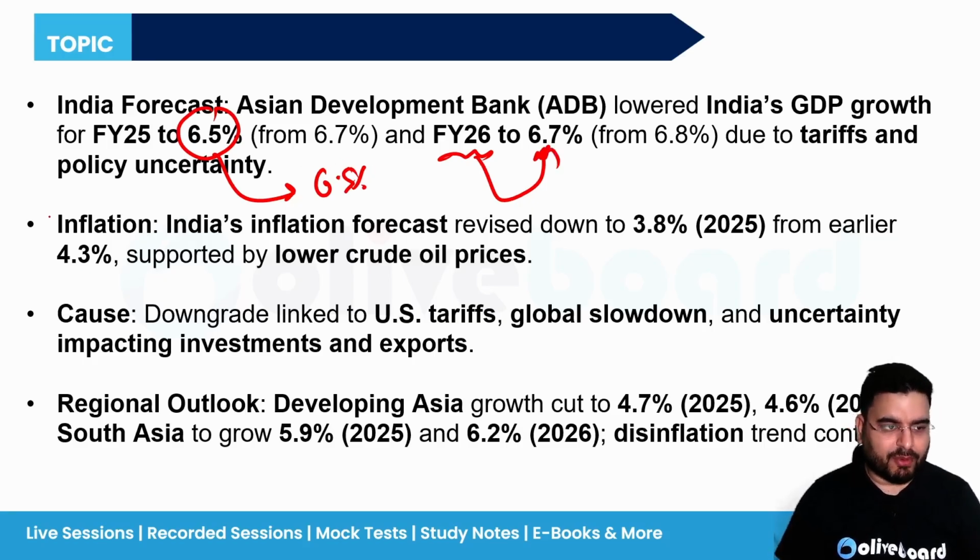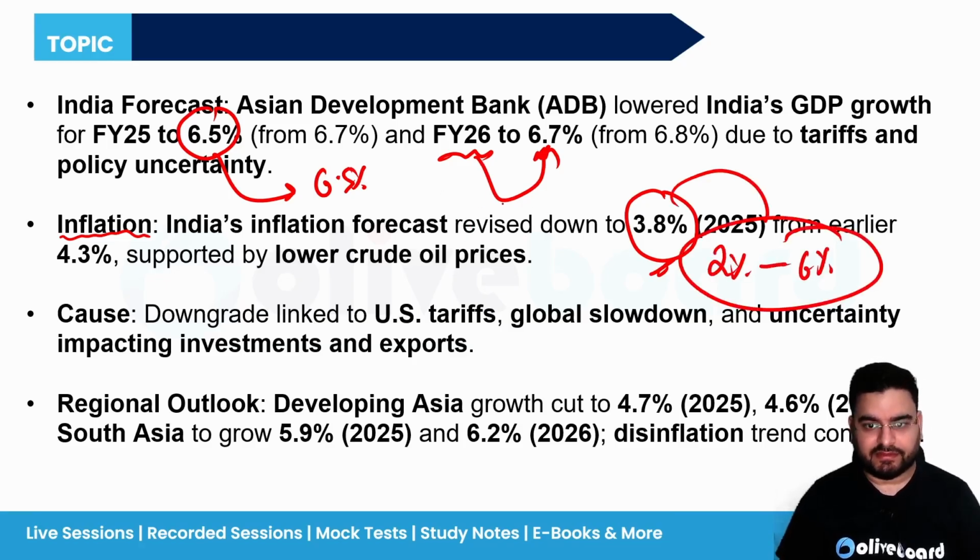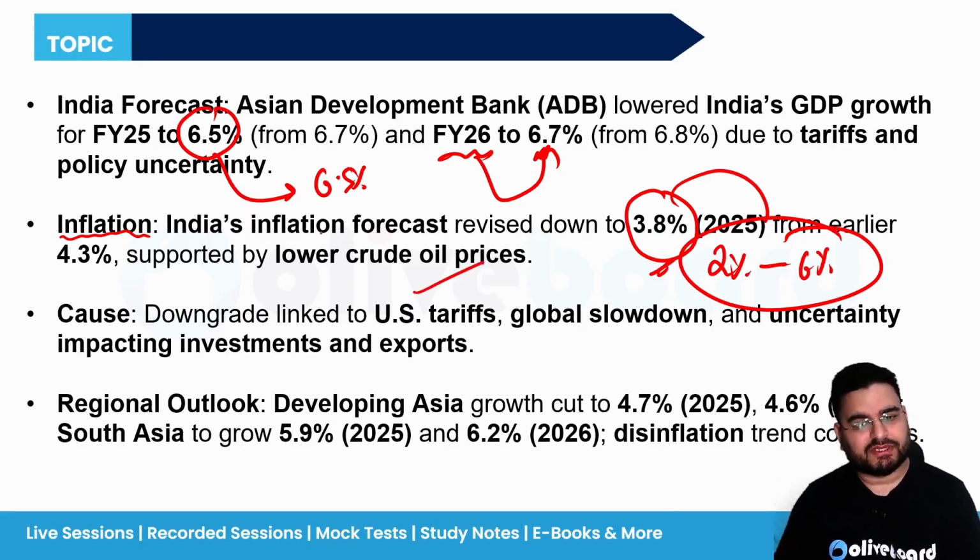They have also told that inflation will be 3.8%, which is really good, because as per our monetary policy committee, our target is to keep inflation between 2% and 6%. This should be the range, and it is within the range, right? And what is the reason for lowering the forecast? Because of US tariffs, global slowdown, and these are the things here.